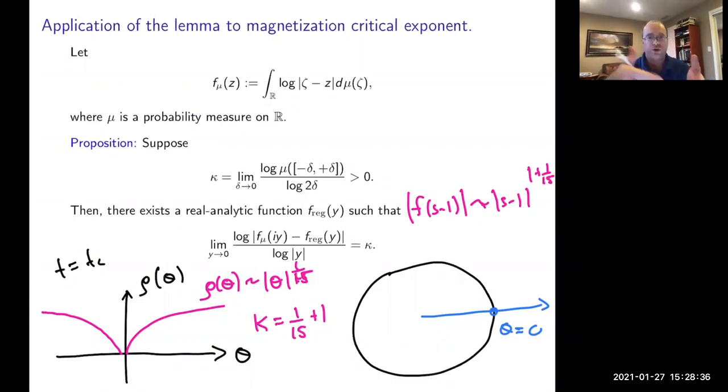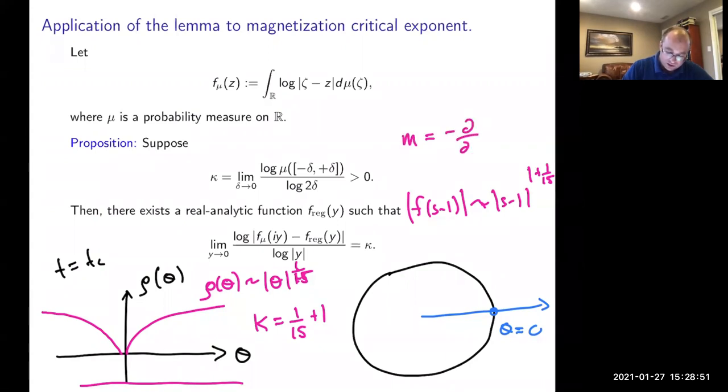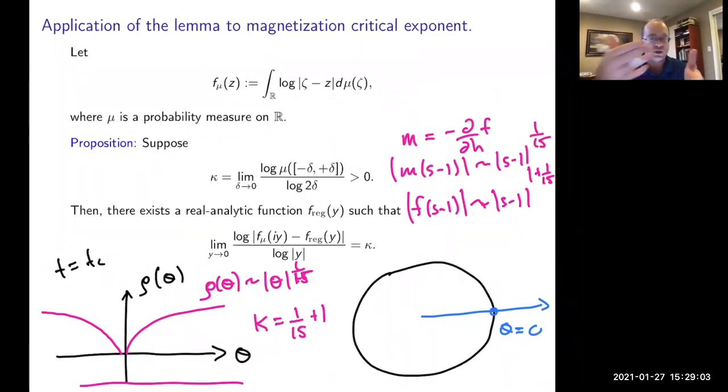If you trace through what this proposition means, and if you believe this conjectural picture for the Lee-Yang zero measure at the critical temperature, then the point is that the m is minus d dh of f, and so m of S minus 1 would be like S minus 1 to the 1/15th, which is exactly the critical exponent that we saw in our original pictures.